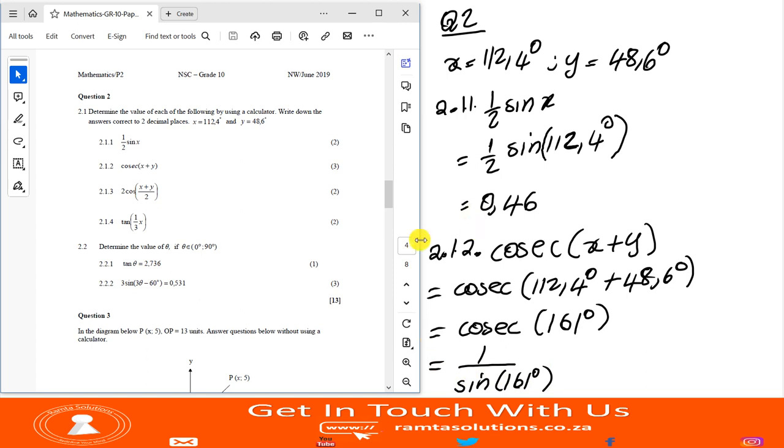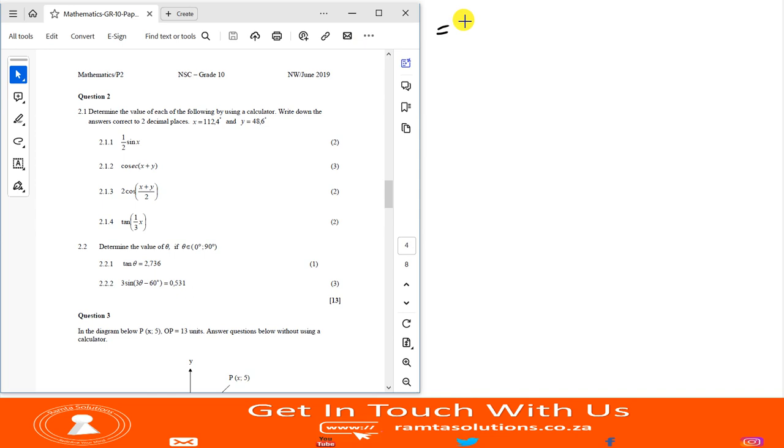Perfect. Now, let's get 1 over sine 161. What is our answer? It is 3.07. 1 over sine 161 is 3.07. Okay, perfect.